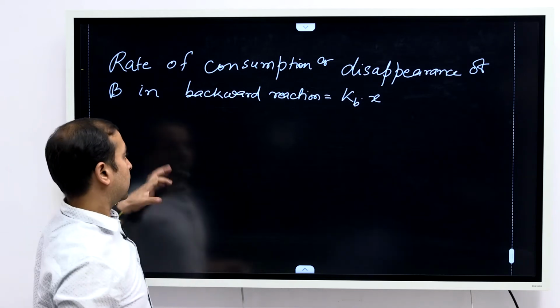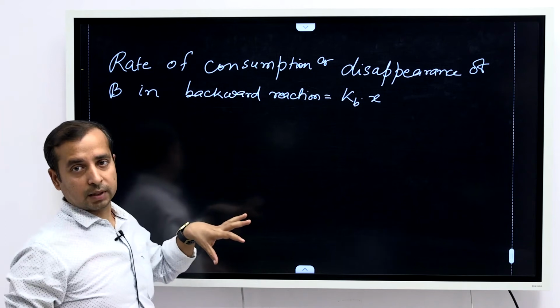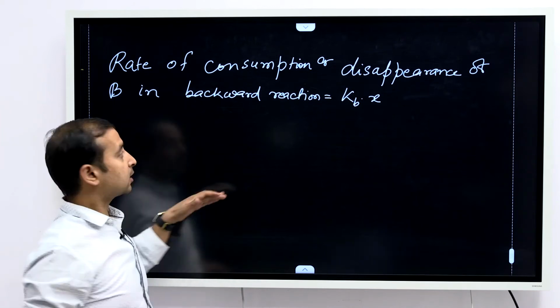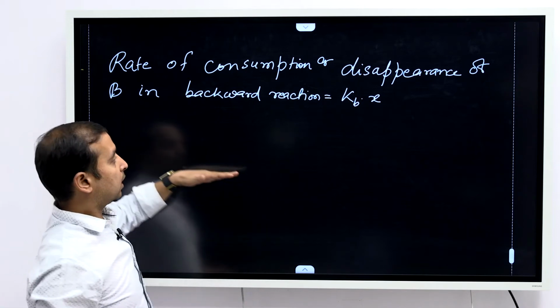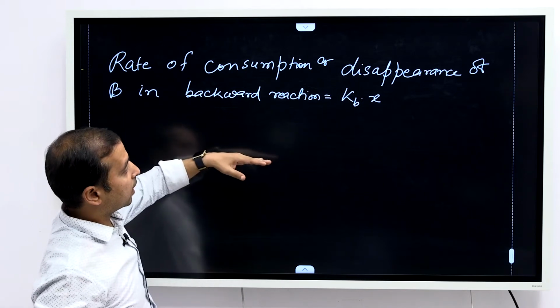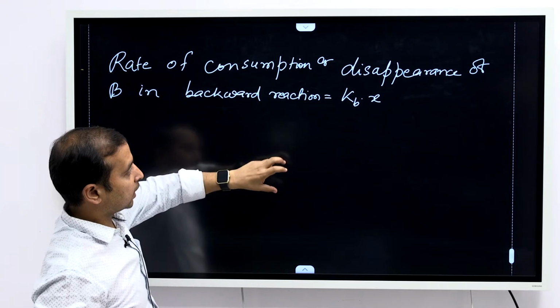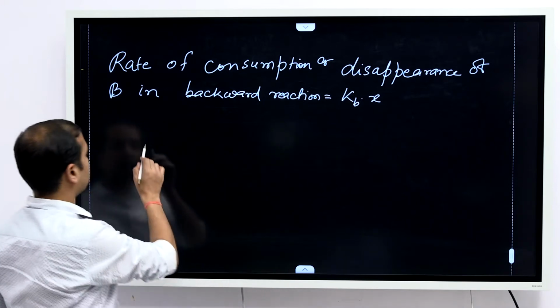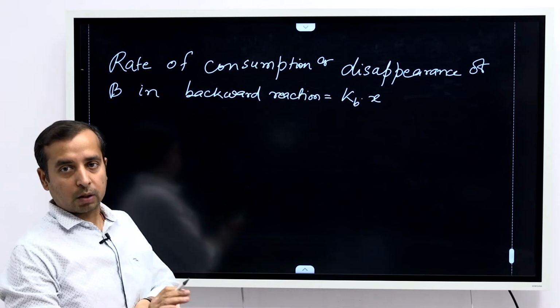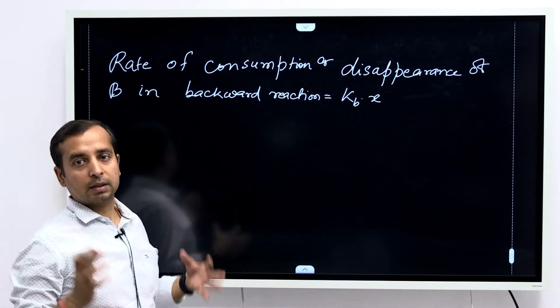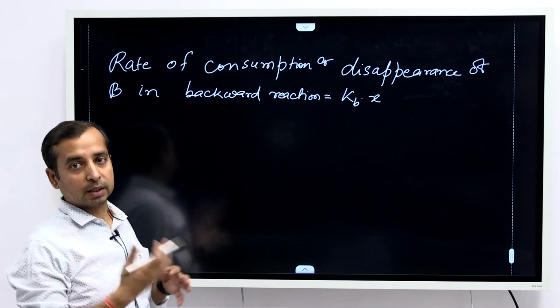Now the overall rate of reaction we can write as dx by dt, because at time t the concentration of product is x and the concentration of reactant is A minus x. When we talk about the reactant, we talk about the rate of consumption of reactant.